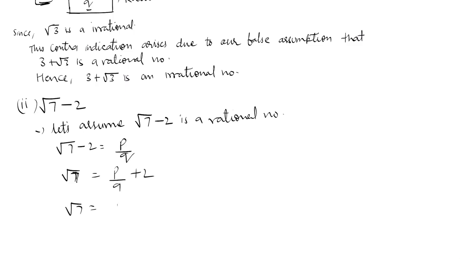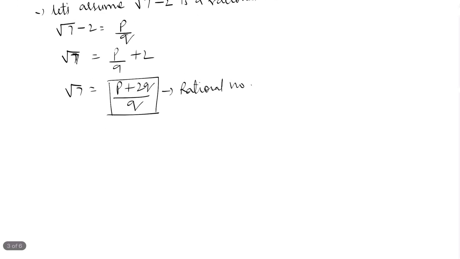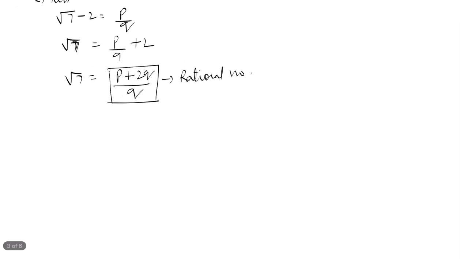Root 7 is equal to p plus 2q upon q. Now p is an integer, q is also an integer, 2 is also an integer. So this whole is a rational number. Okay. Now if this is a rational number, this must also be a rational number.